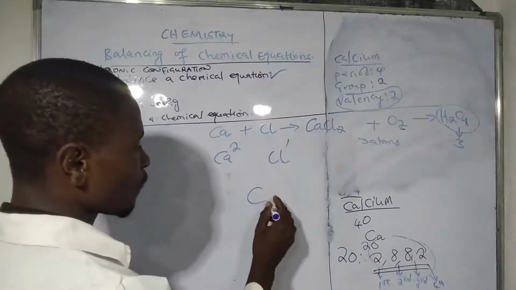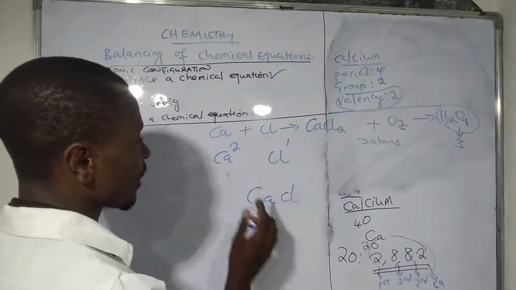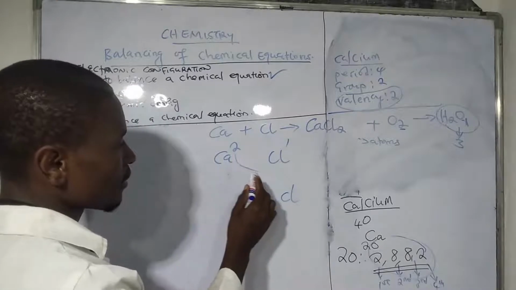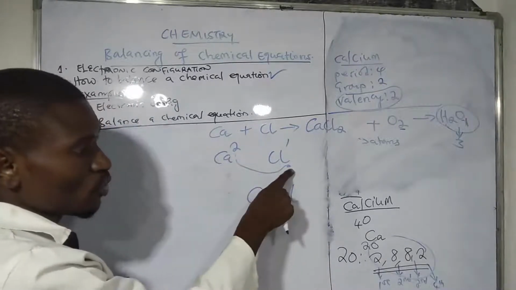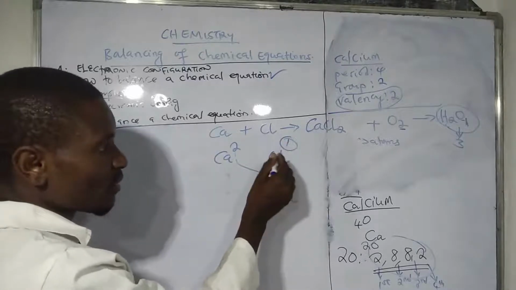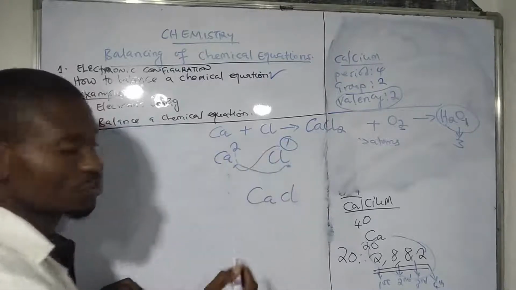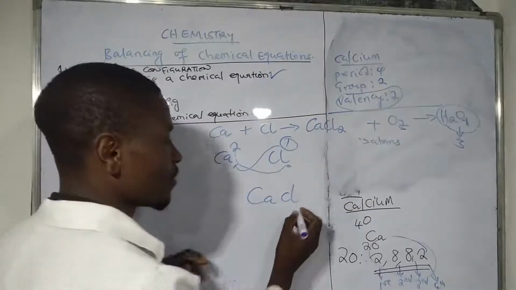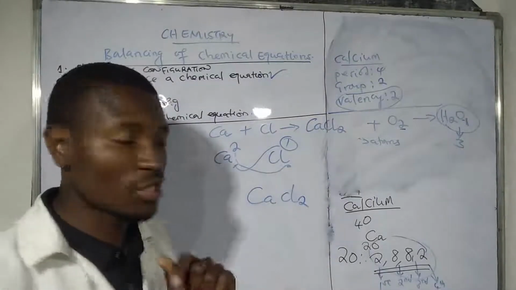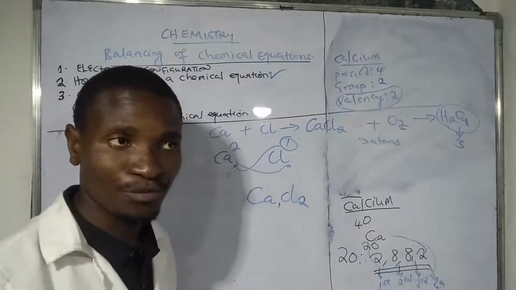So when they form calcium chloride, the 2 for calcium goes to chlorine, and the 1 for chlorine comes to calcium. So the chlorine is going to have 2 atoms, and calcium just 1 atom.